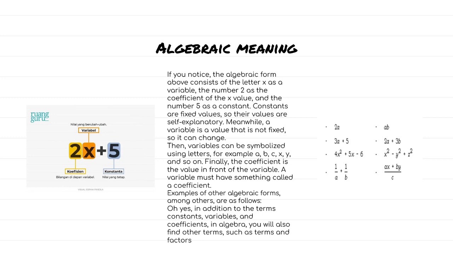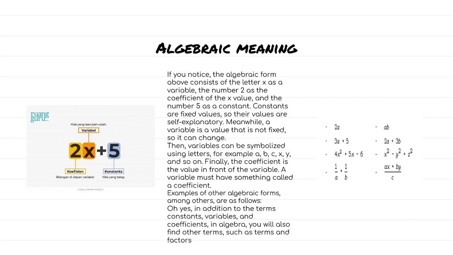Meanwhile, a variable is a value that is not fixed, so it can change. Variables can be symbolized using letters, for example a, b, c, x, y, and so on. Finally, the coefficient is the value in front of the variable. A variable must have a coefficient.